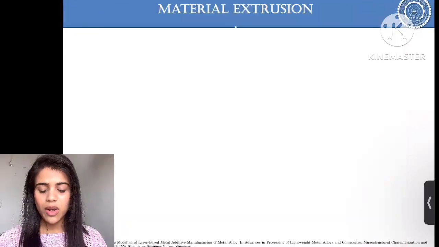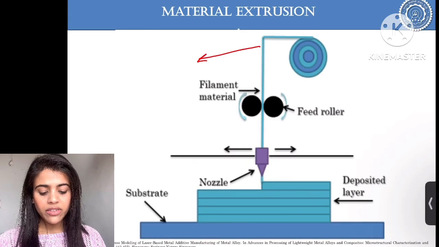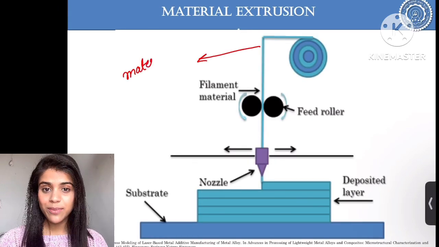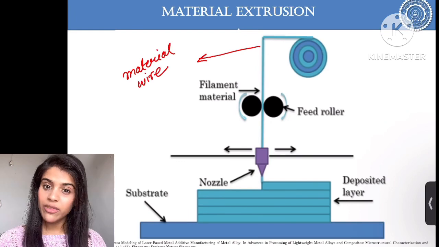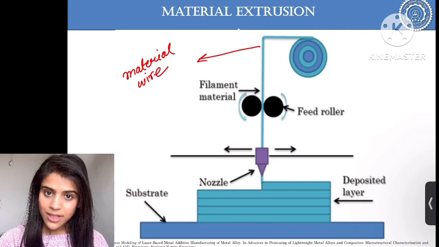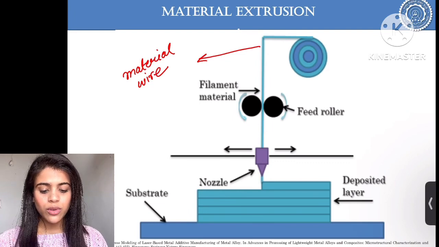The next process is material extrusion. In this schematic we can see a wire coming, right? In this process the material used is in wire form. Using this process we can print metallic parts. You can note this. The wire will be coiled on this roller.